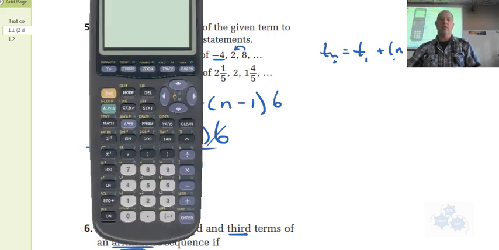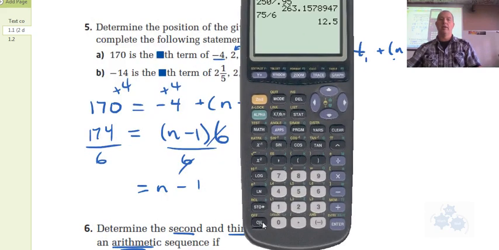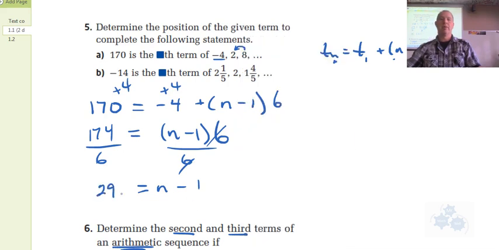And don't be afraid to use your calculator to do this. It's 29. So 29 equals n minus 1. Now we add 1 to both sides, and we get n equals 30. That means that 170 is the 30th term.